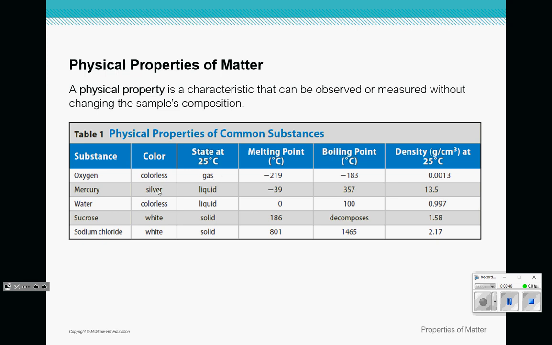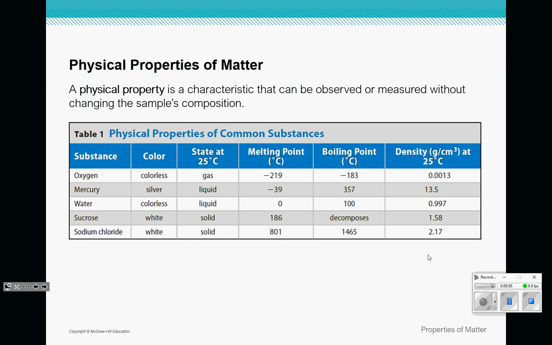It's liquid at room temperature. Water is colorless. It's liquid at room temperature. Sucrose is white. It's solid at room temperature. And sodium chloride is white. It's solid at room temperature. We could mention their melting points and their boiling points and their densities. We can discover all of that and measure all of that without changing what it is, its composition.